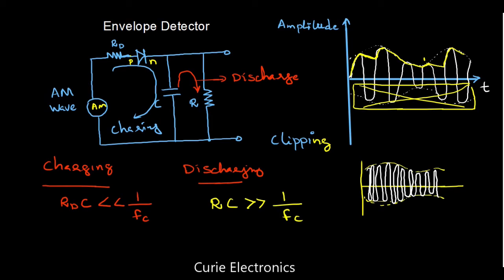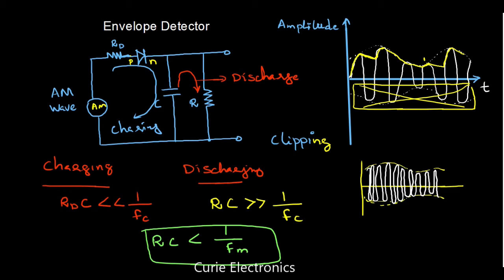So that relation is this RC should be less than 1 upon FM. FM is the maximum signal frequency. Okay, this condition also we have to take care of.